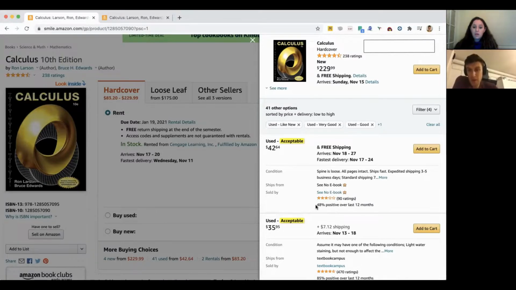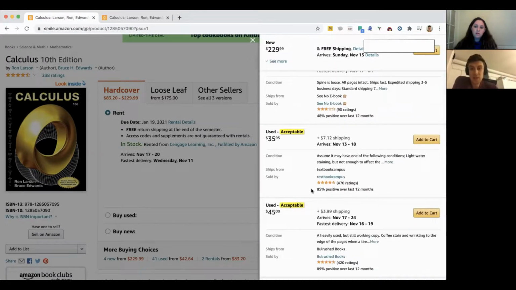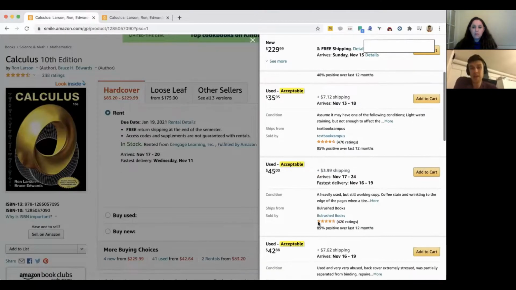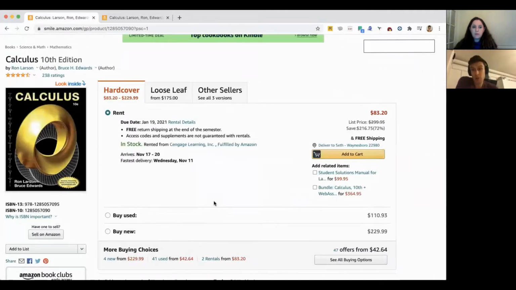So we're probably not going to buy from them because we'll get delivered a really rubbish book that might be waterlogged or smell terrible or something like that. And then the next lowest one's not the best either. It's 85% positive. So I might not actually go near this book, but for example's sake, if this was a seller with a 90% positive rating plus, I would jump at this book straight away because I know that I could resell it at the buy box price of $110.